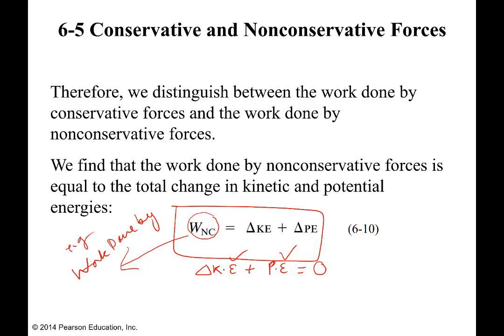That work done will be minus force of friction times the distance through which the friction acted, including the cosine of the angle between the force of friction and the distance. So instead of writing W_NC, you would write minus F_k times d, because the force of friction is in the opposite direction of the motion. That's why we put a minus sign there. But I'm not going to give you problems with that scenario. Yours will be much simpler.